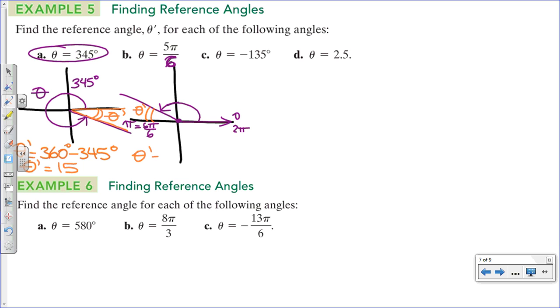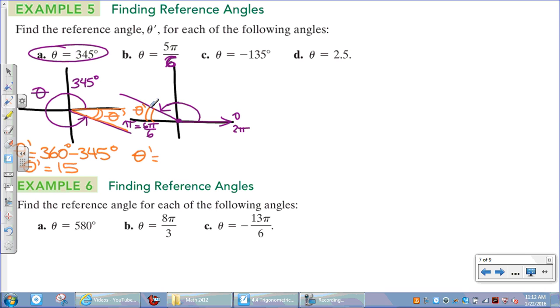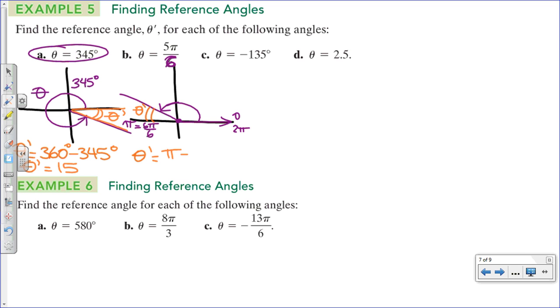So numerically, we could find the reference angle by doing the operation pi minus 5 pi over 6, which is equivalent to 6 pi over 6 minus 5 pi over 6, and that is equal to pi over 6. Remember, reference angles are always acute and positive. All right, so the next angle that we have here is negative, the original one, which is 135.